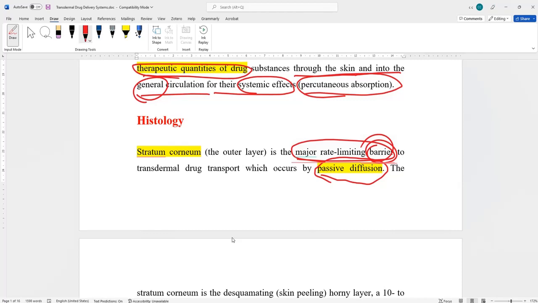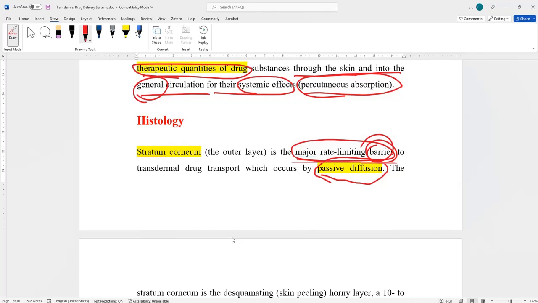The drug moves from the region of higher concentration to the region of lower concentration. Where is the higher concentration? It's above the skin. In a transdermal drug delivery system, we have more drug there. The lower concentration is in the blood.